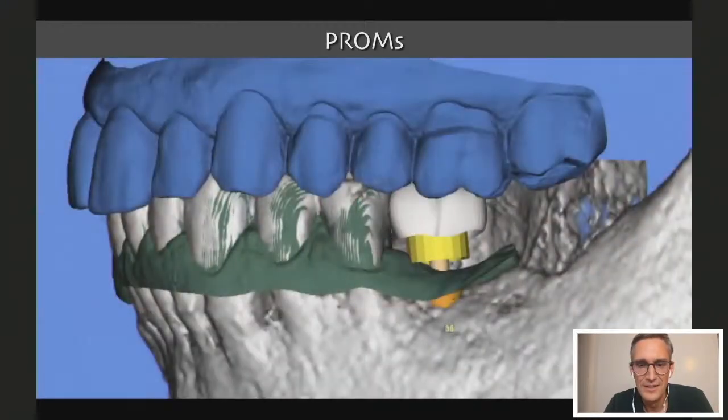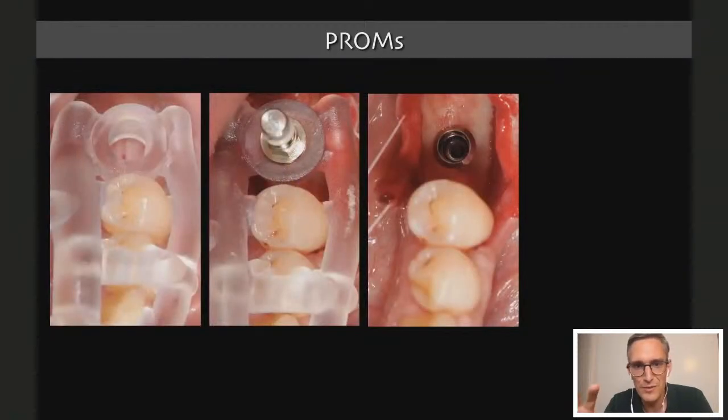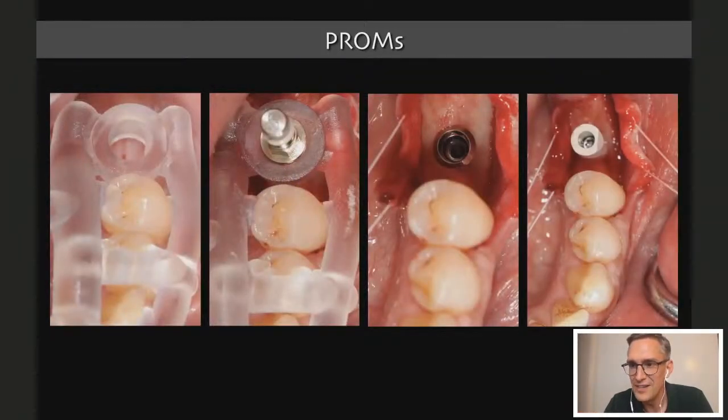There's another case where I would like to show that the diagnostic work done at the beginning defines where to place the implant. We can transfer the virtual implant position with a surgical guide. That's not the question here. But then again, scan body placed, I take a scan.